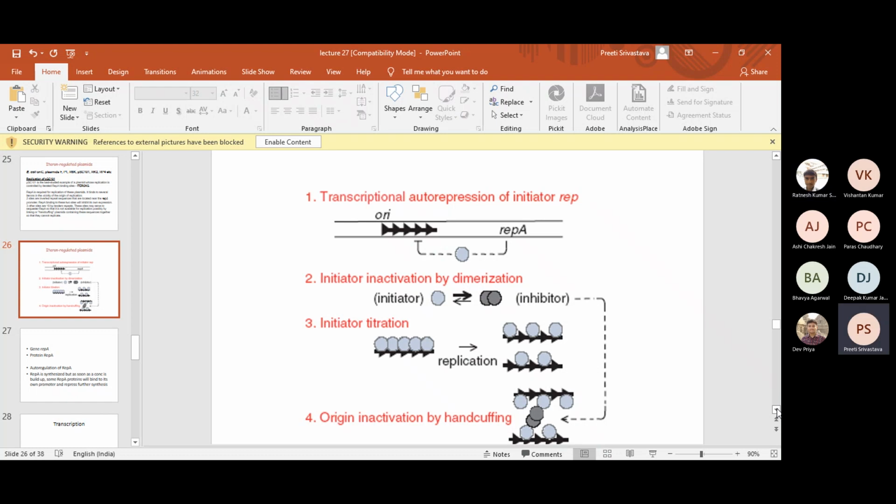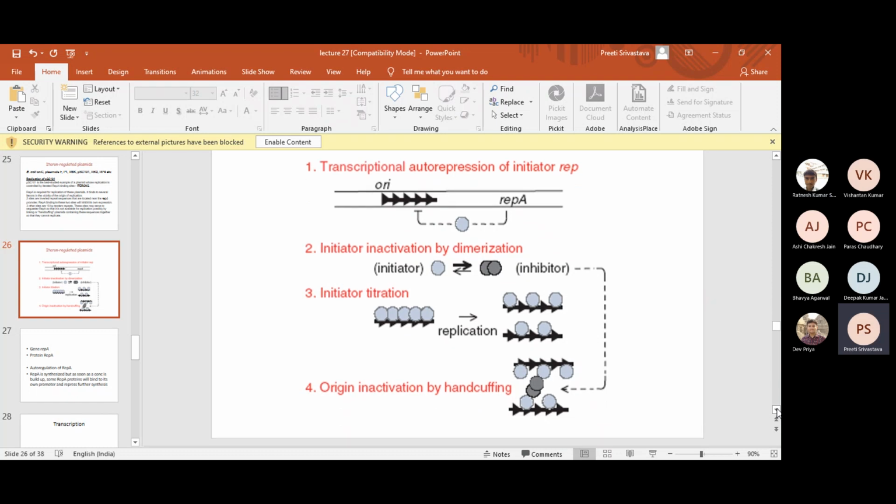Yes, ma'am. The last one is what is called handcuffing. In this case, the origin becomes inactivated by handcuffing. As a result of DNA replication, two copies of DNA are generated, right? Now these two copies can initiate further. Like Ratnesh, you were asking why we cannot initiate further.